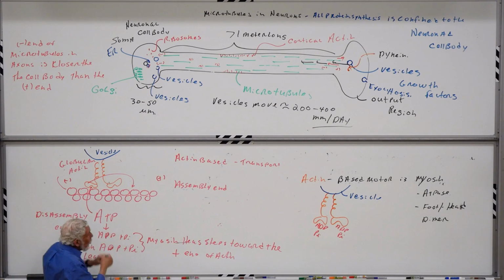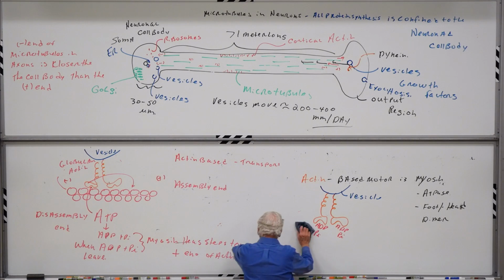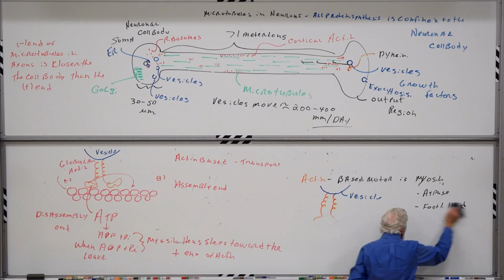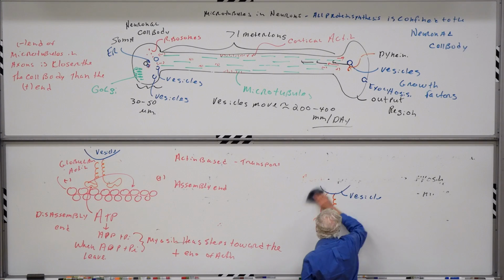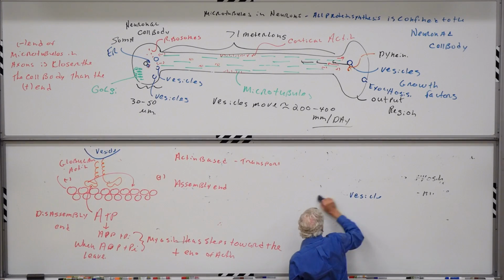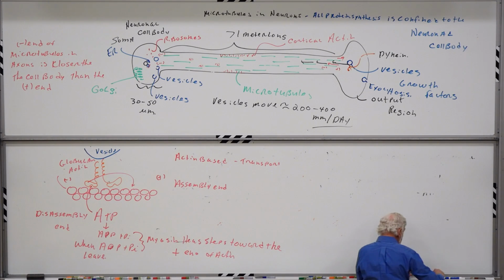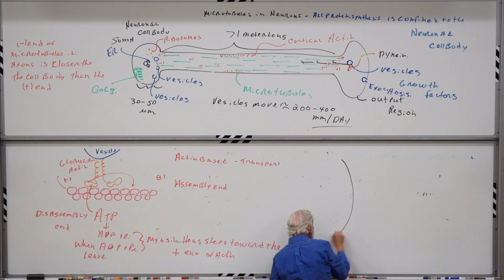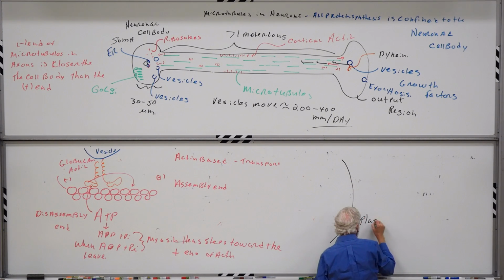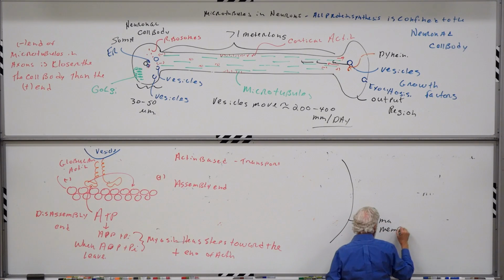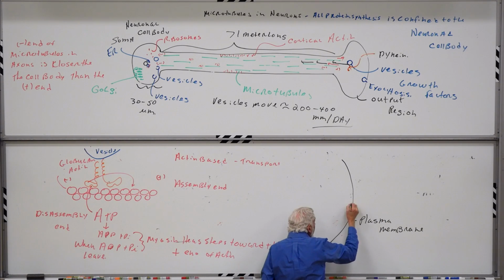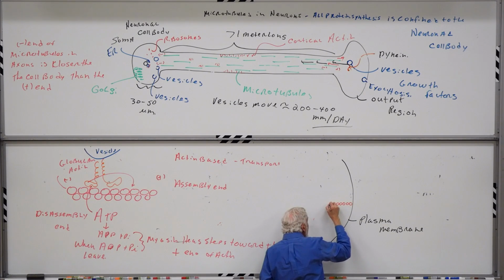Now let's think of this in terms of the plasma membrane and the idea of using the cortical actin. So let's imagine here that this is the plasma membrane. And that there is this cortical actin. There are these short segments of actin filament. But they're oriented in such a way that this is the plus end and this is the minus end.